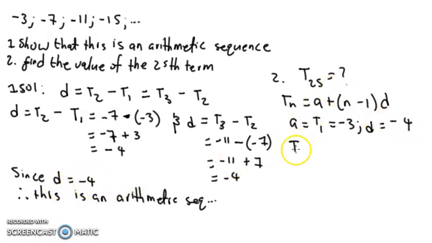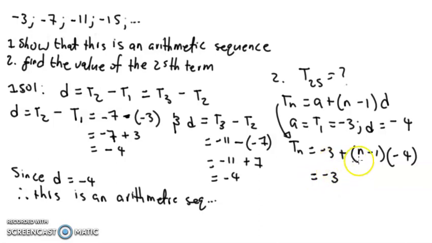As a result, we're going to have negative 3 plus n minus 1 times negative 4. Negative 4 times n is negative 4n. Negative 4 times negative 1 is positive 4. Negative 3 plus 4 is equal to positive 1. So we're going to have negative 4n plus 1.